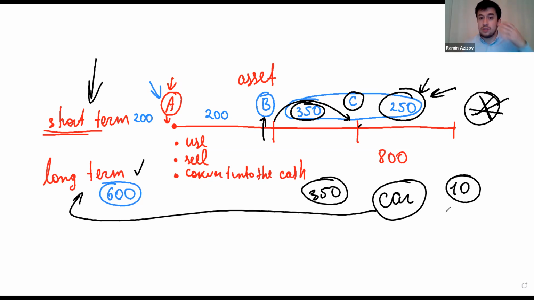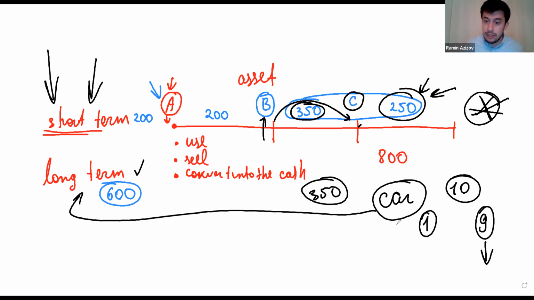Additionally, if you have purchased 10 cars, 1 for use and 9 for selling purposes, then the 9 for selling purposes are inventory, I mean short-term assets, but the remaining 1 item is your long-term asset.